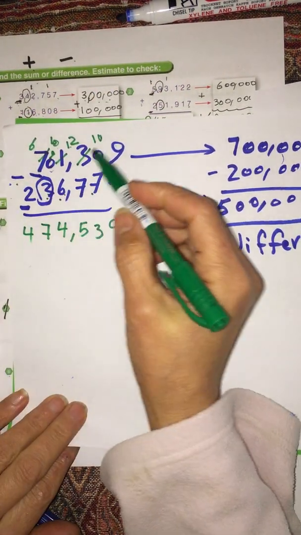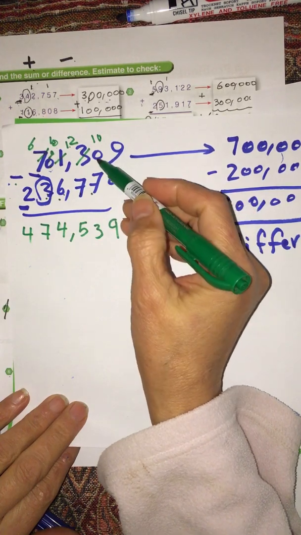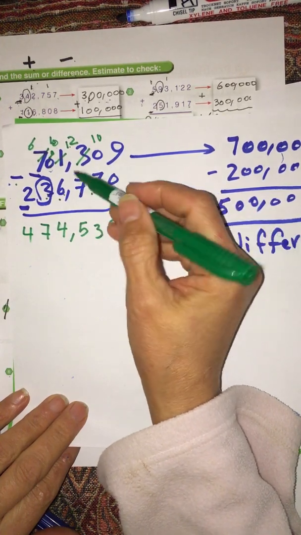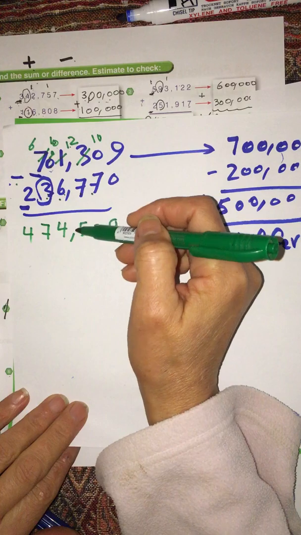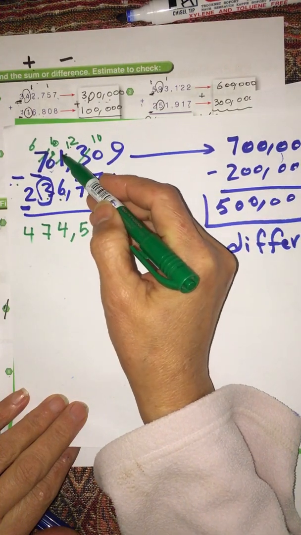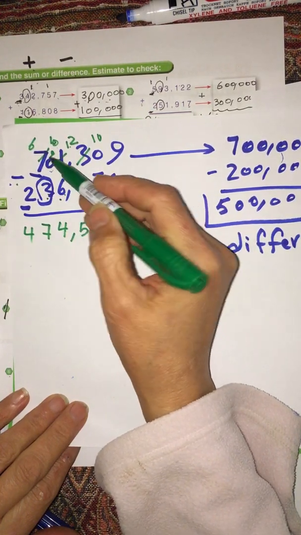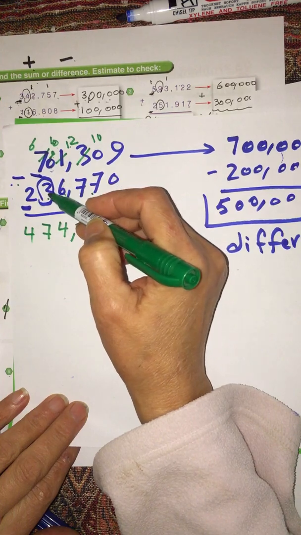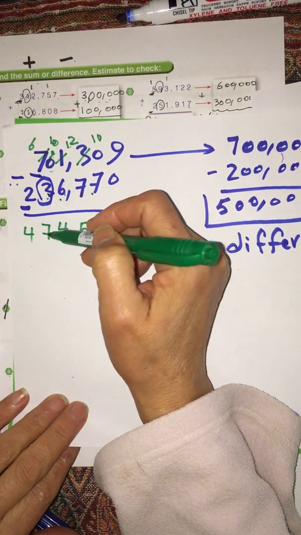This is 9. 10 minus 7, 3. This will be 2. 12 minus 7, 5. This will become 0. 10 minus 6, 4. This is 9. 9 minus 2 is 7.